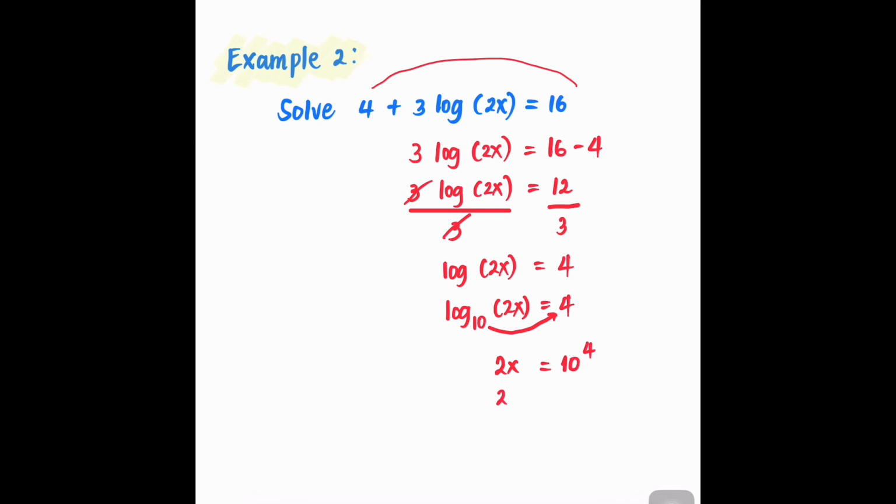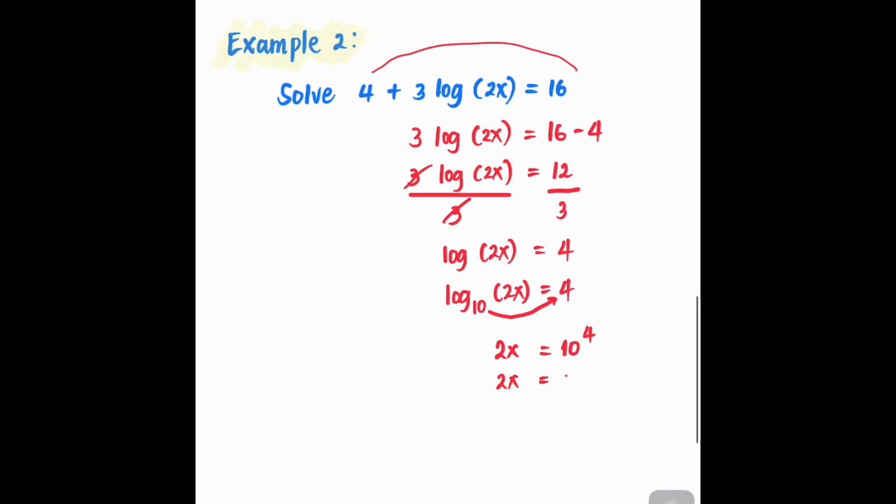And from here, we can simplify the right-hand side. So 10 raised to 4 is actually 10,000. So 10 times 10, 100, times 10, 1,000. 1,000 times 10 is 10,000. So 10 raised to 4 is 10,000. There you go.